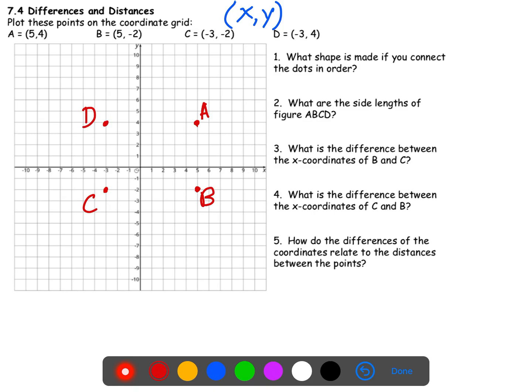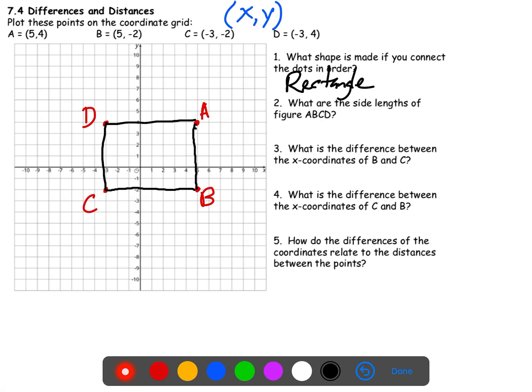All right, first question says, what shape is made if you connect the dots in order? So A, B, C, D. Well, in order, A, B, C, D, we have a rectangle. What are the side lengths of figure A, B, C, D?